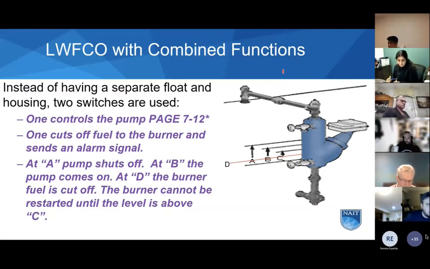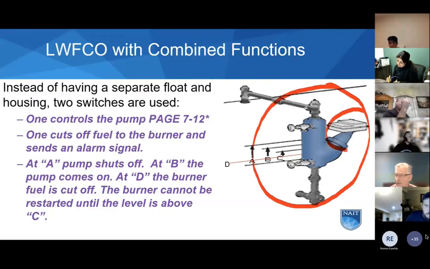The float allows fluctuations of the boiler water level rather than using a separate float and housing. The feed water control is commonly operated by the low water fuel cutoff. So you'll have a device like this with more than one switch in here and these different functions. One switch will control the pump, another switch will cut off the fuel.